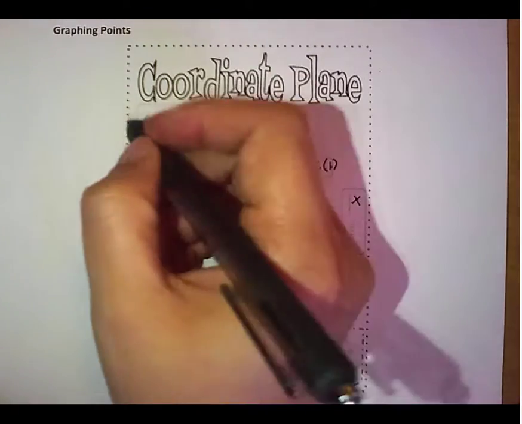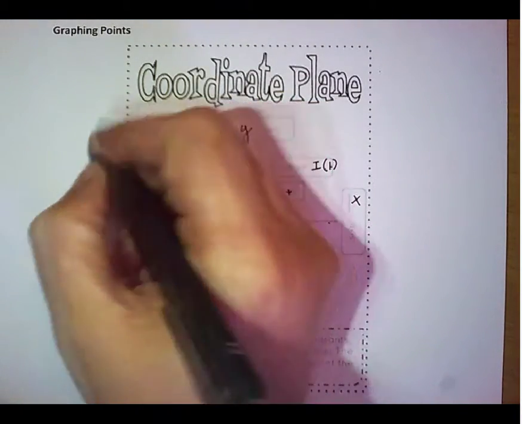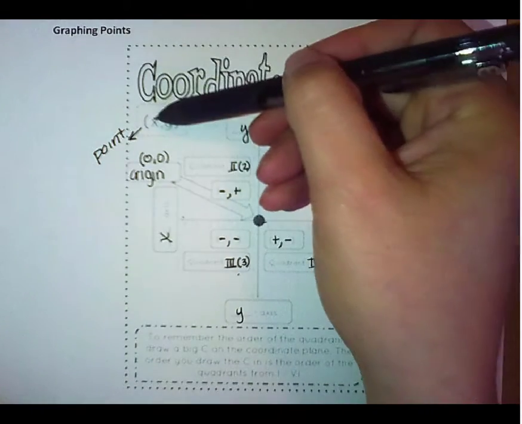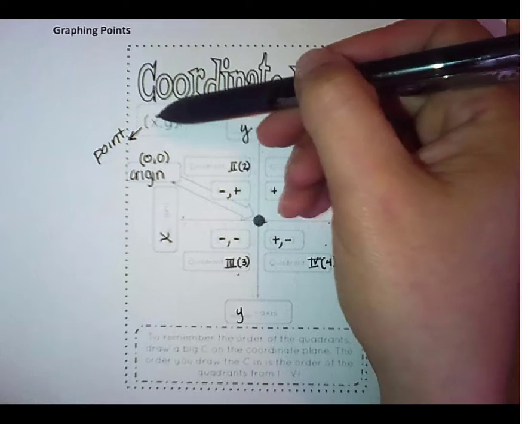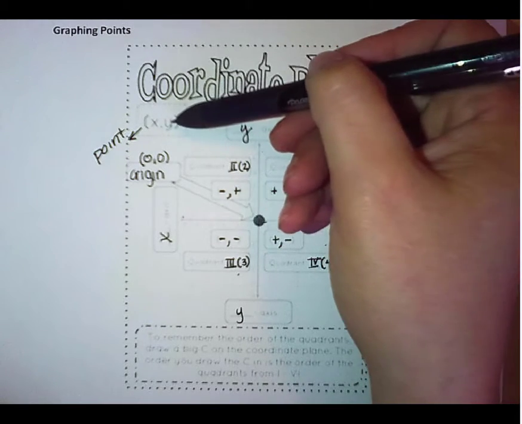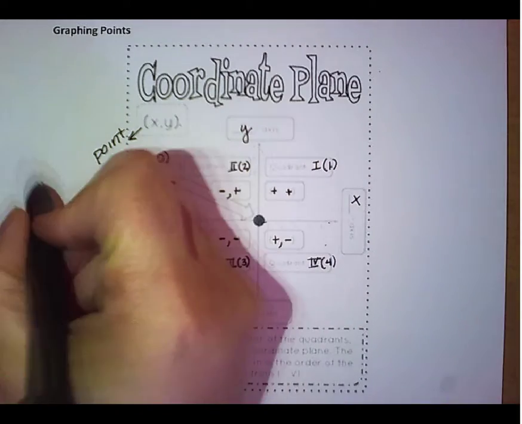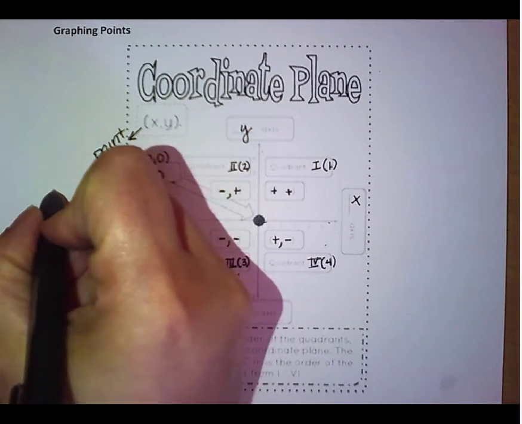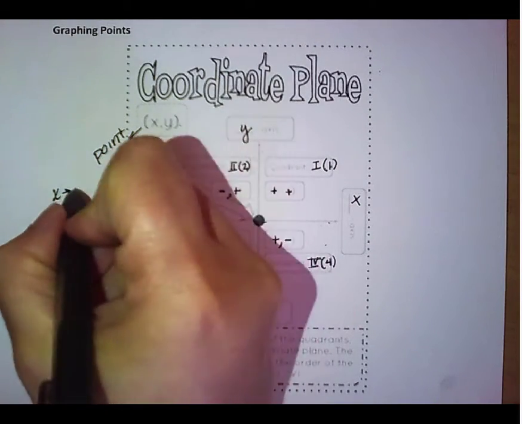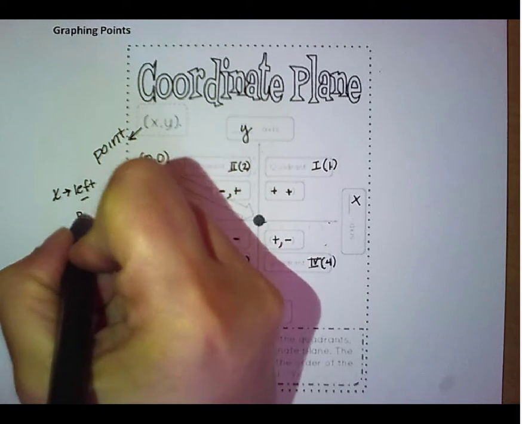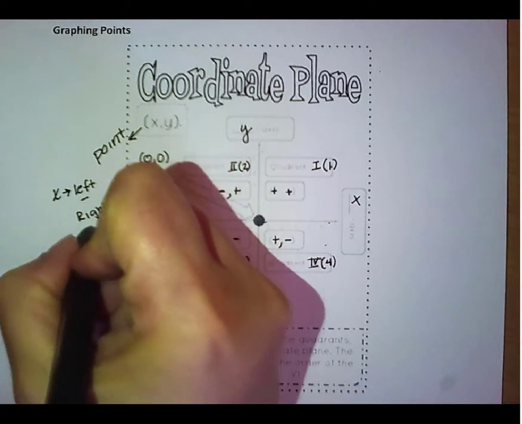I want you to make sure you understand that every point that you get always comes in the format of (x, y). Okay, x always comes first, followed by y. You can think about it as alphabetical order. And again, remember that whenever you're talking about your x's, these are values that move either left if it's negative, or right if it is positive.